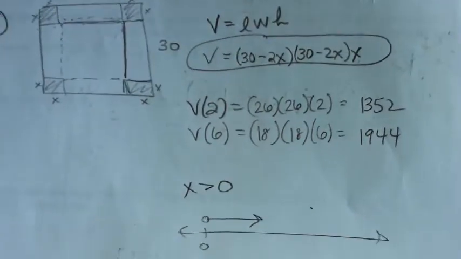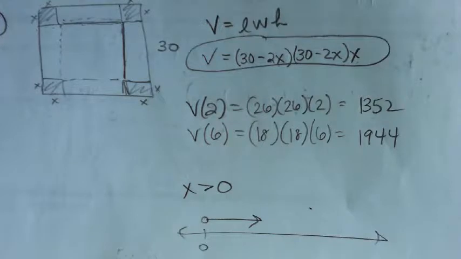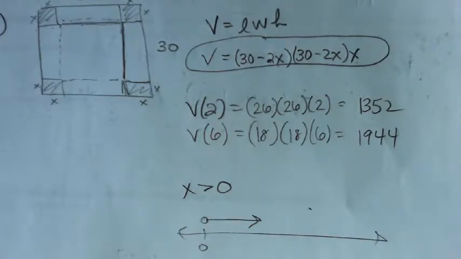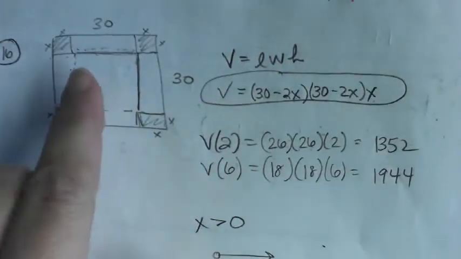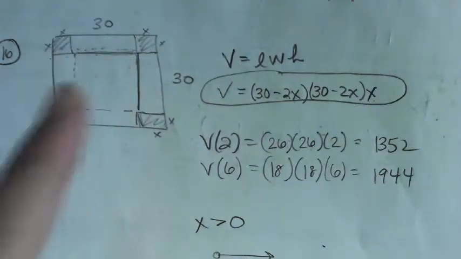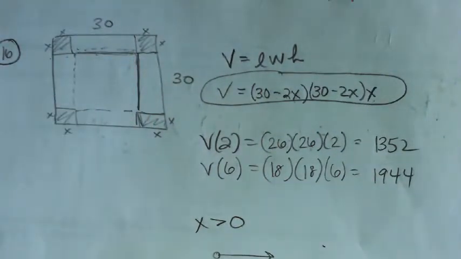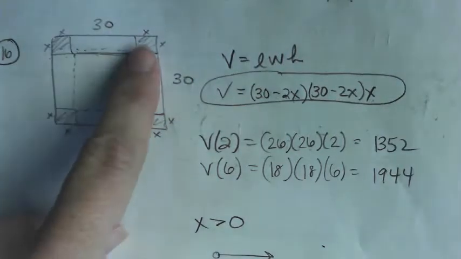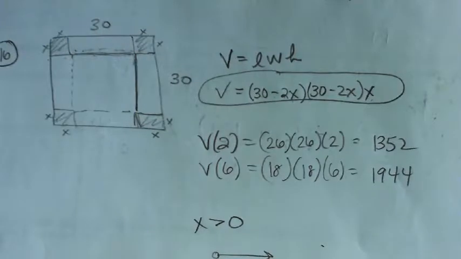What would be too big? 30 is for sure too big, but so is 29. Think for a minute, why would an x value of 29 be too big to cut out?